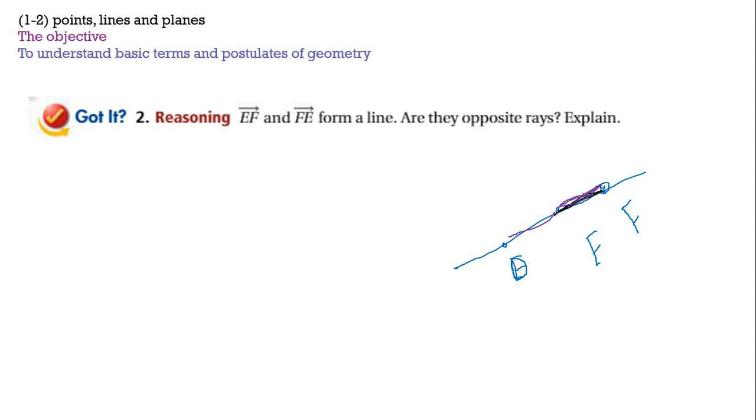They are asking you, are they lines? They are not lines. Why are they not lines? Because they have endpoints. And are they opposite? They are not opposite because they don't share the same endpoint.